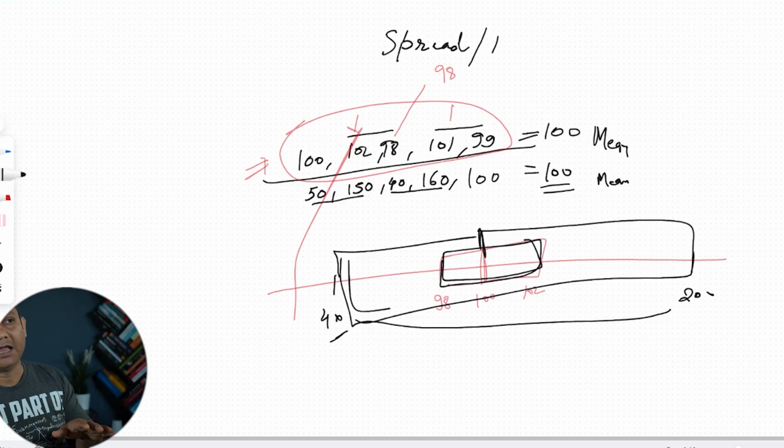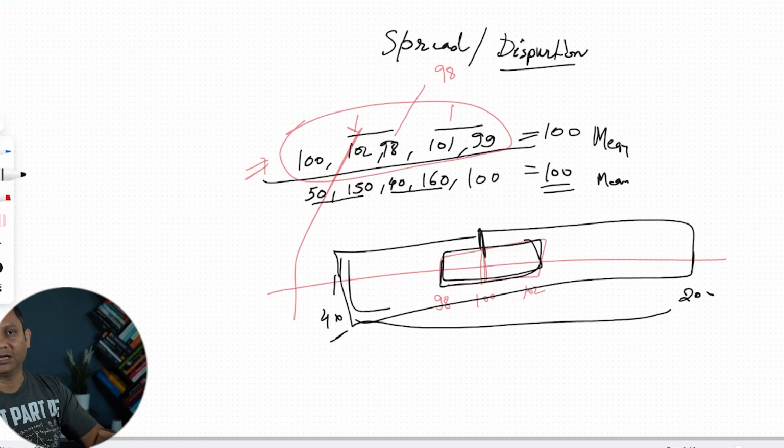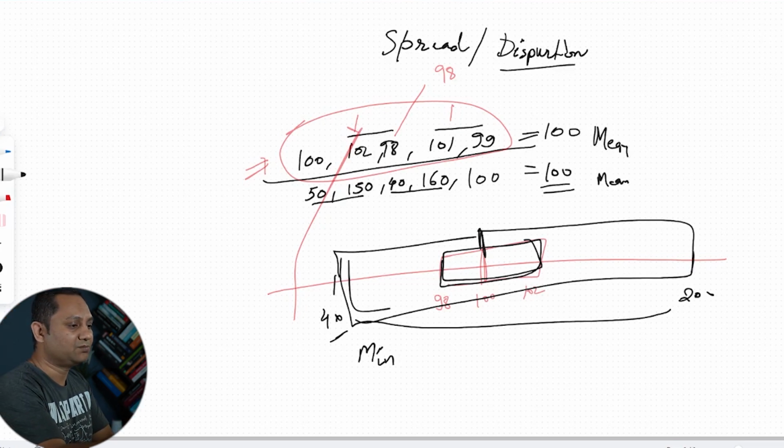But if we give in some way the information about the spread of data along with the mean, then we can make a better picture in our mind. We can think of where the data is centered, like where the gravity is, along with how stretched the data is. To represent this stretch, we call it dispersion.